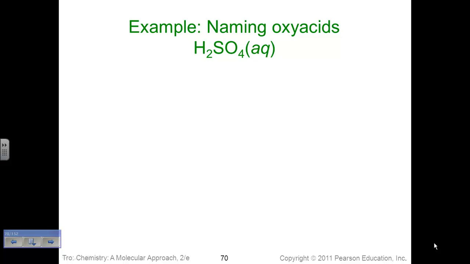On our chart, you're going to find SO4 in the center column, and it carries a -2 charge. SO4 -2, do you find it on your polyatomic chart? What's its name? Well, its name is sulfate.